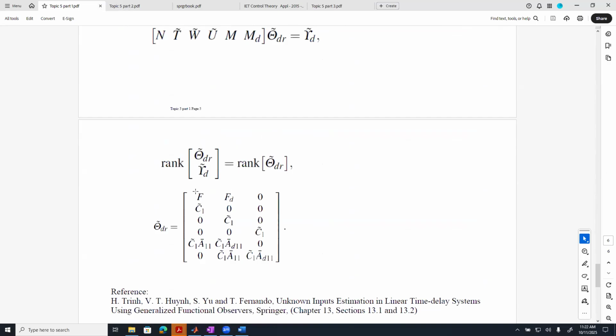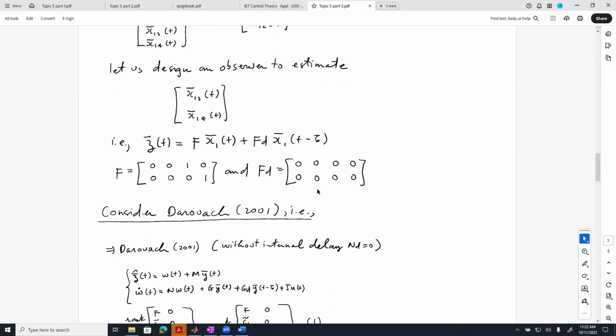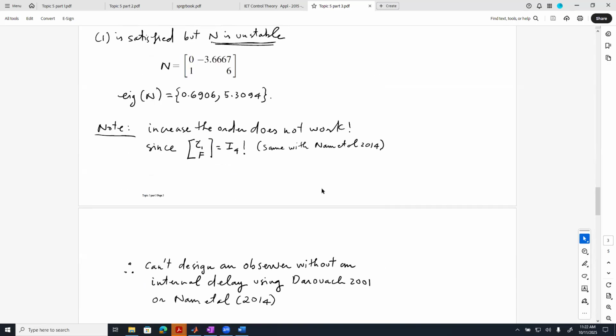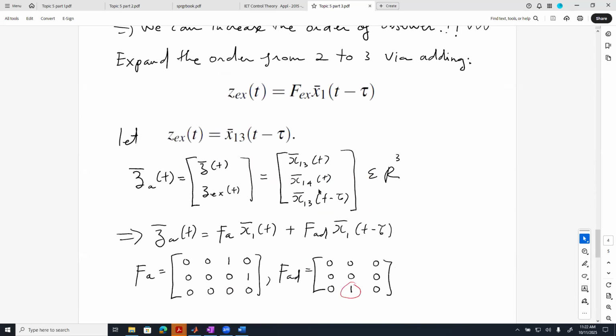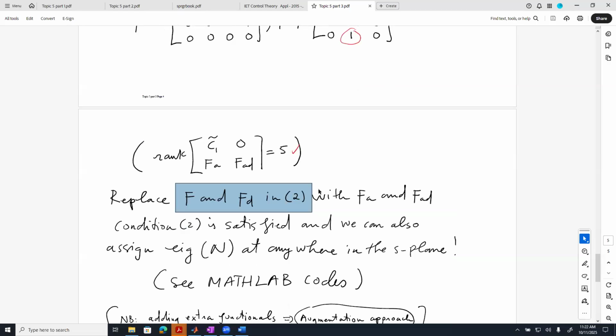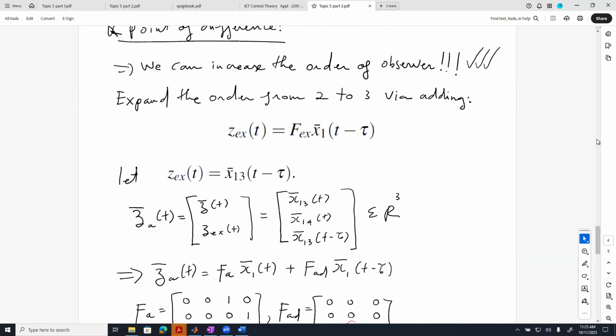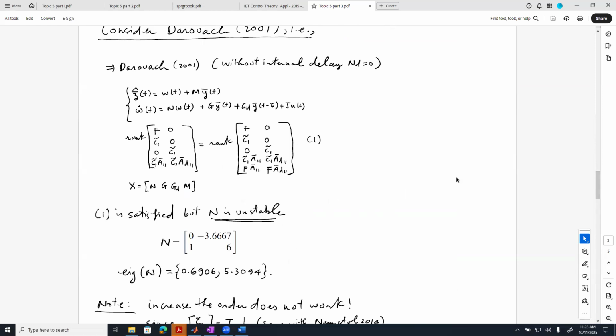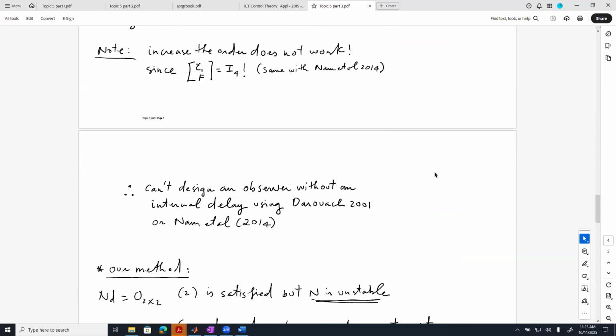So we replace F and FD by FI and FID, and we test the existence condition. I don't know where this number 2 came from. It must be somewhere, but I hope that you follow what I'm talking about there. So that's condition 1.